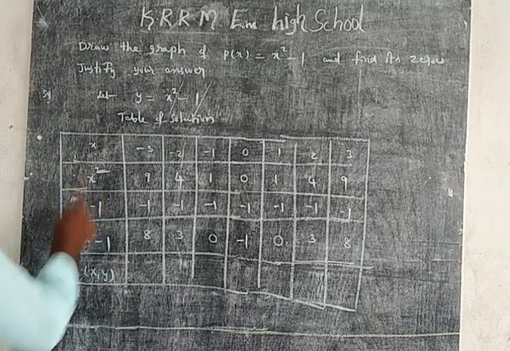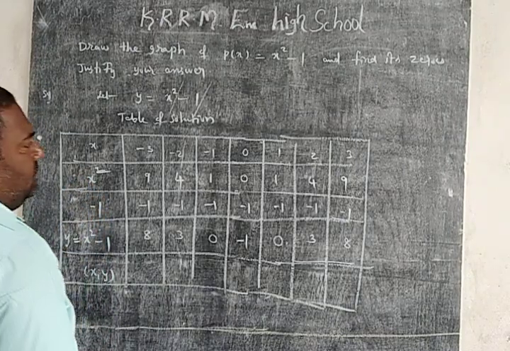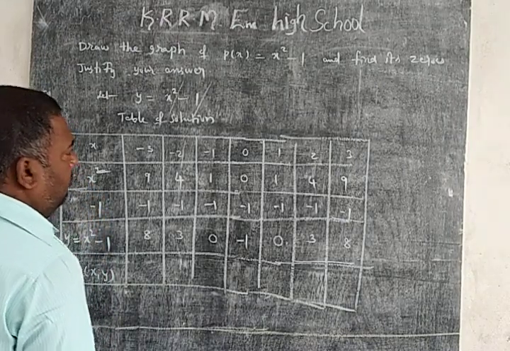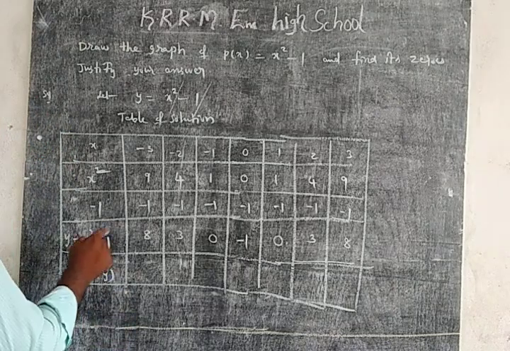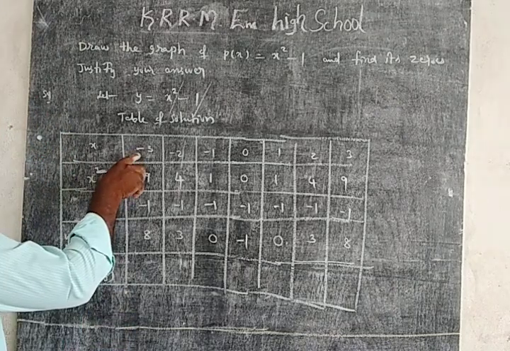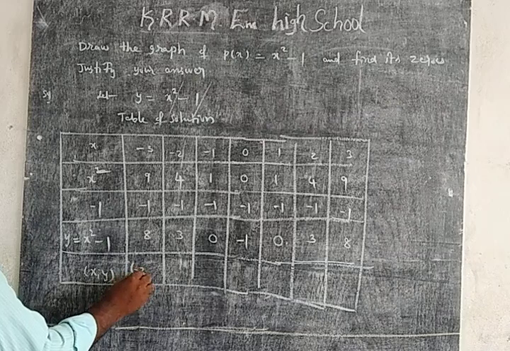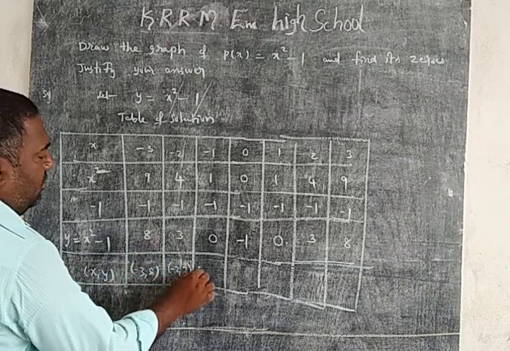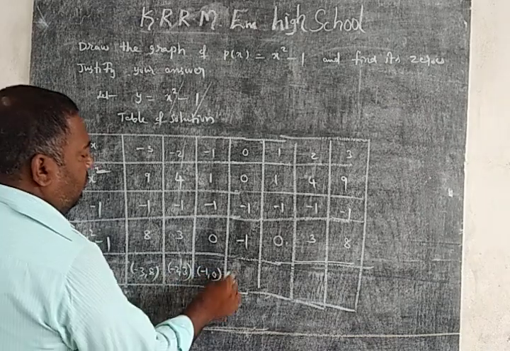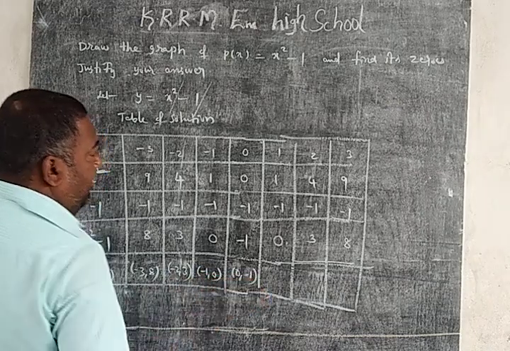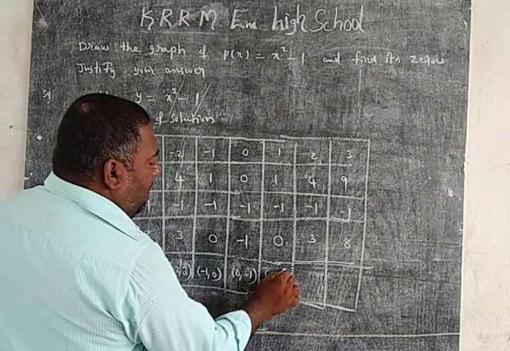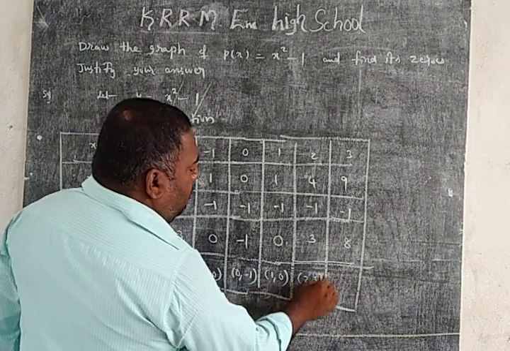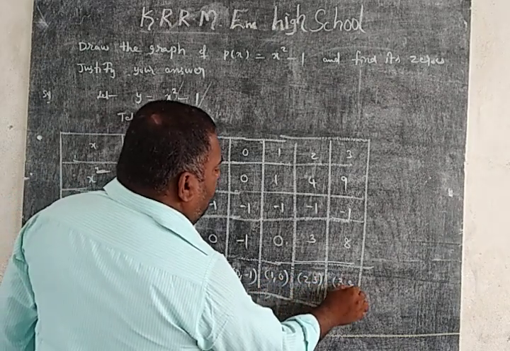So now we take the x comma y values. The x comma y values become minus 3 comma 8, minus 2 comma 3, minus 1 comma 0, 0 comma minus 1, 1 comma 0, 2 comma 3, 3 comma 8.